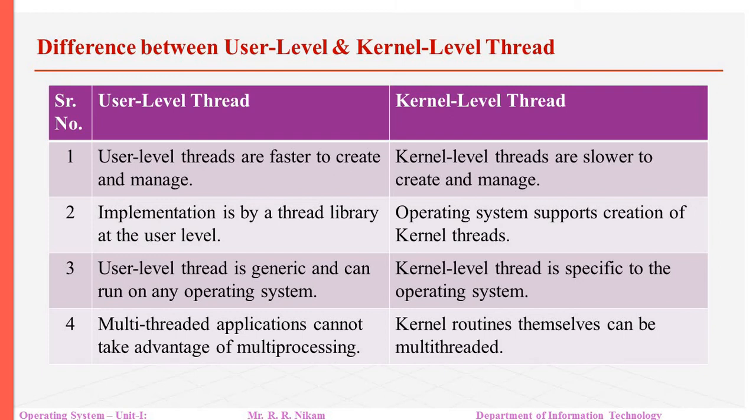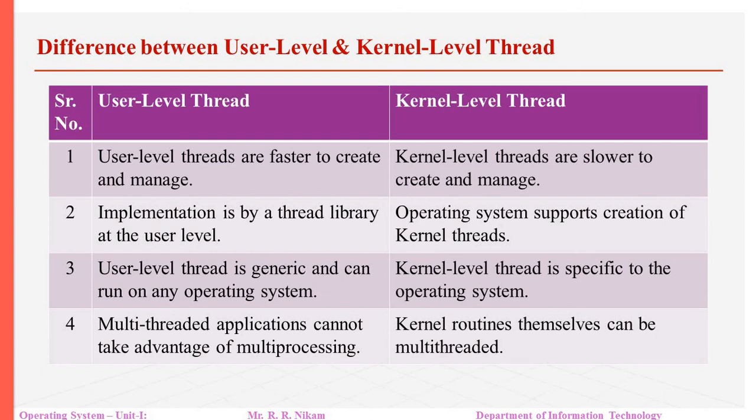Now we will discuss the next topic. We'll now be comparing the difference between the user level thread and the kernel level thread. First point, user level threads are faster to create and manage. Already we have discussed this, because it does not require any concern of the operating system or the kernel level space.